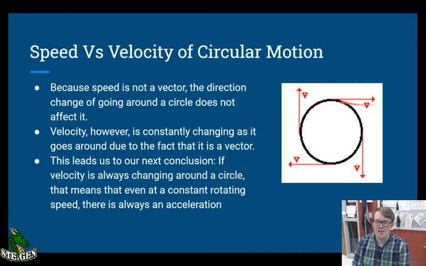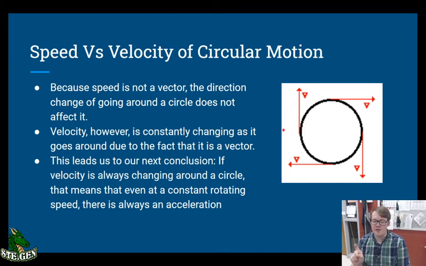So at every given point, it's slightly changing the velocity, which means even if it's rotating at a constant speed, remember our definition for acceleration is change in velocity over time, which means while the speed would be constant, the velocity is not, and therefore there is always an acceleration if an object is rotating, even if the speed is constant, even if it's rotating at 20 RPMs, 30 RPMs, 20 meters per second as a linear velocity, etc. If it is going at that speed, at every given point, the velocity is changing very slightly.